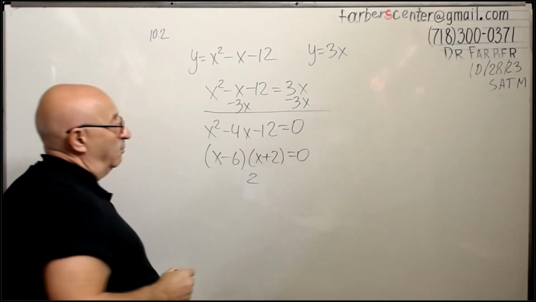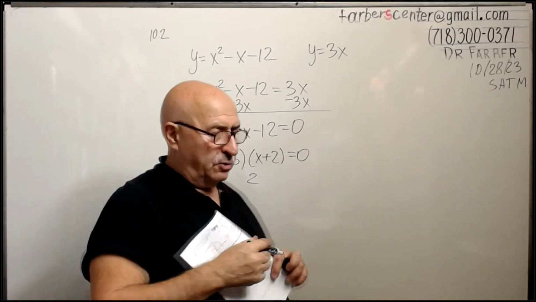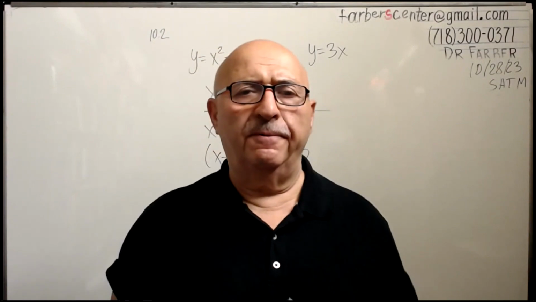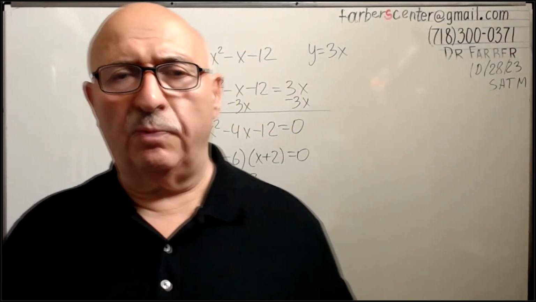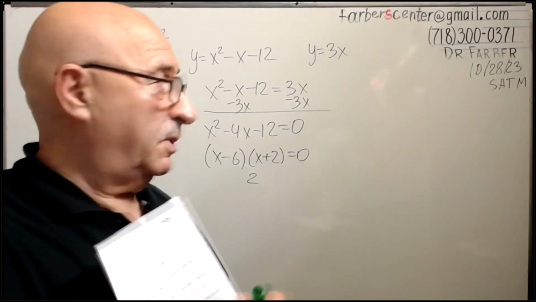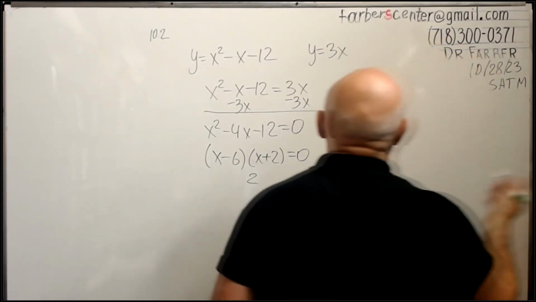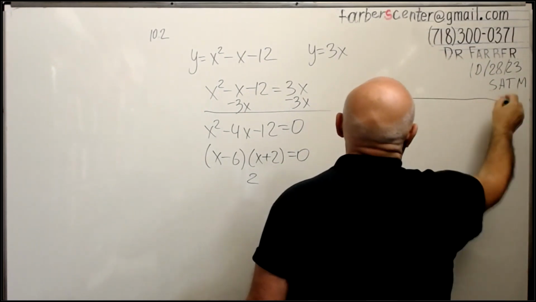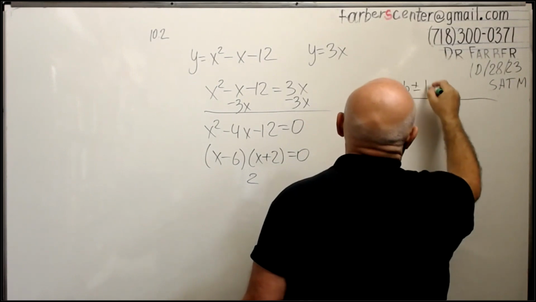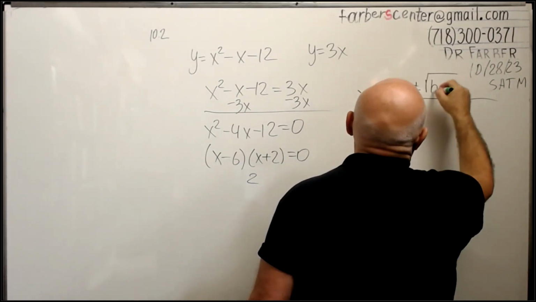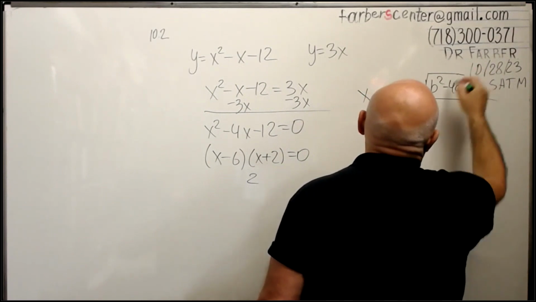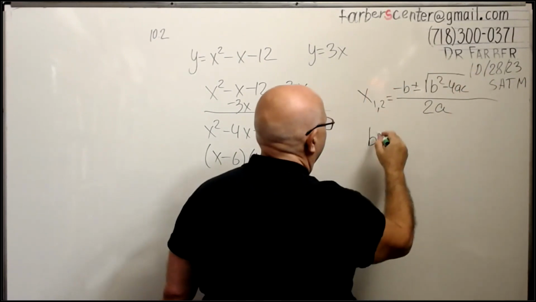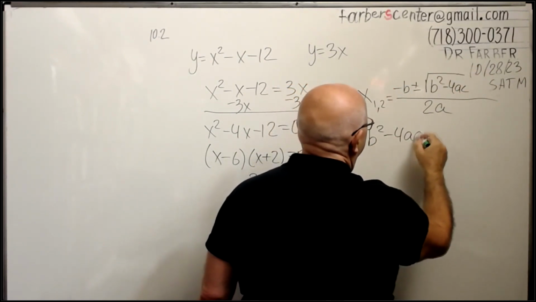Or, if you have something more challenging with parameters, what are you supposed to do? You count the discriminant. You remember b squared minus 4ac. I just remind you this: if you have the equation in general form, with the quadratic formula, this guy we name the discriminant, b squared minus 4ac.